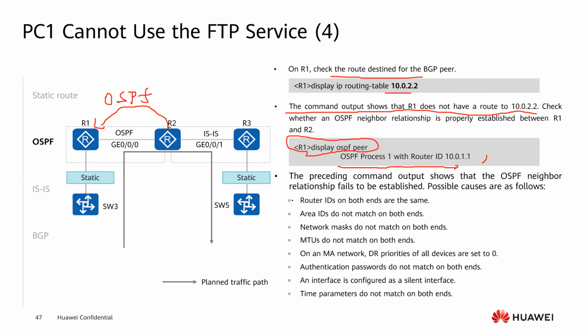So why is the OSPF neighbor relationship not established? There may be different reasons: router IDs on both ends are the same, area IDs don't match, MTUs don't match on both ends, or on an MA network the priority of all devices is set to 0.